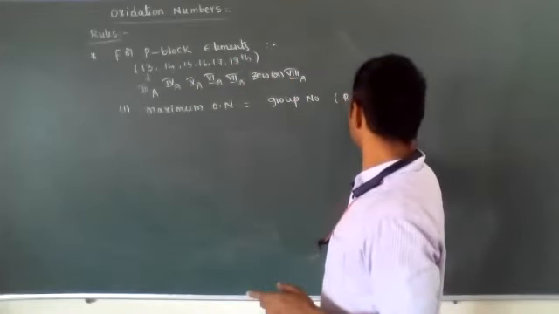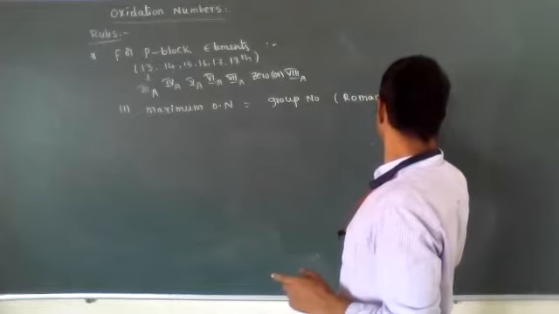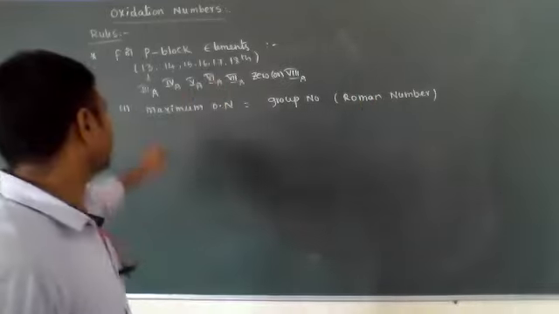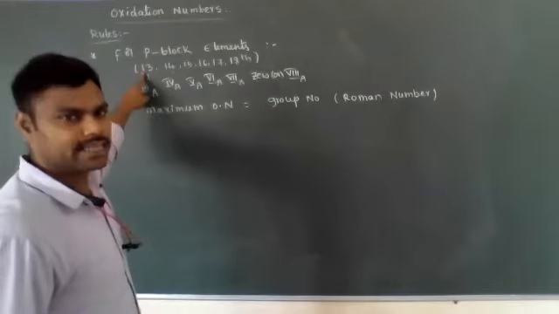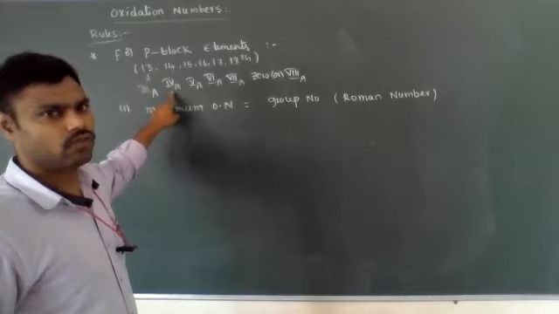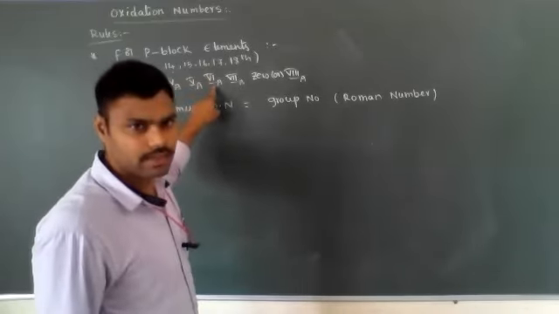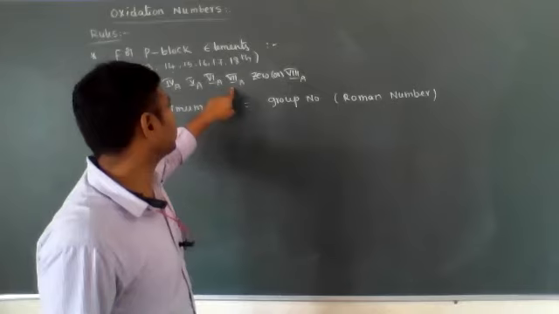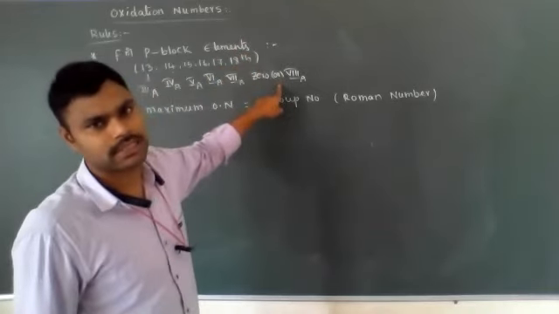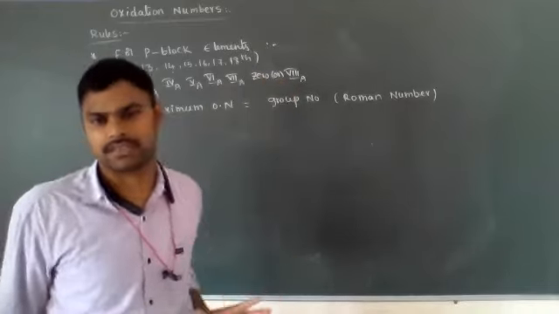Now 13th group elements maximum oxidation state is plus 3. 14th group plus 4. 15th plus 5. 16th plus 6. 17th group elements plus 7. 18th group or 0 group elements maximum oxidation state is plus 8. Plus 8 is also possible under special conditions.